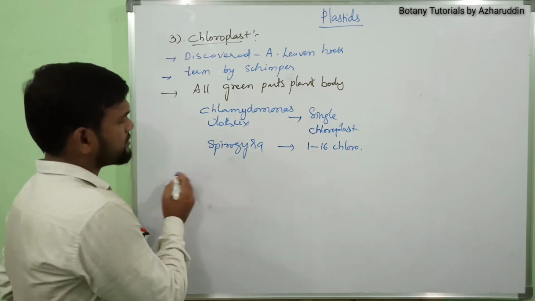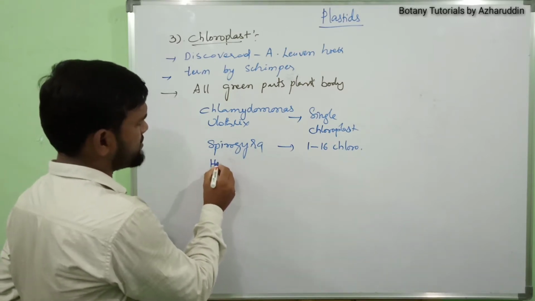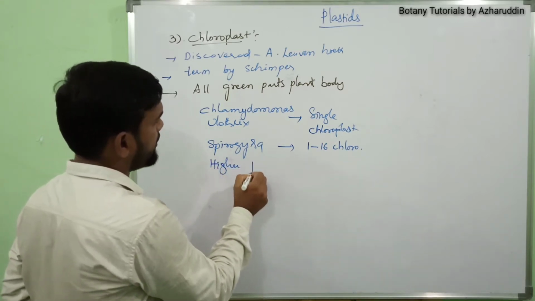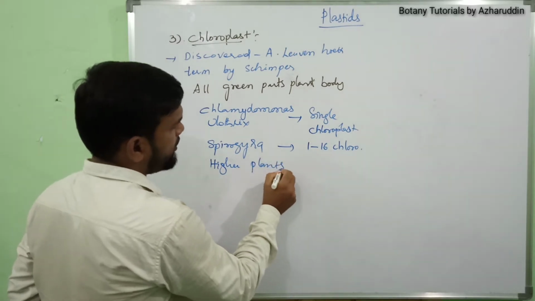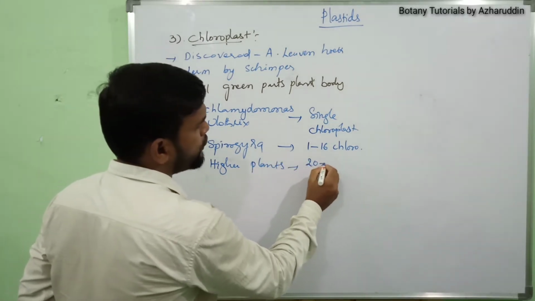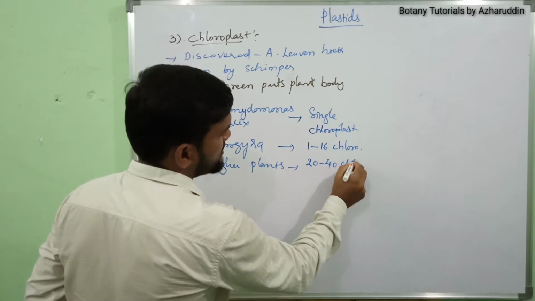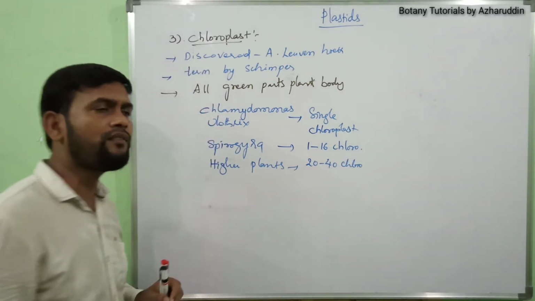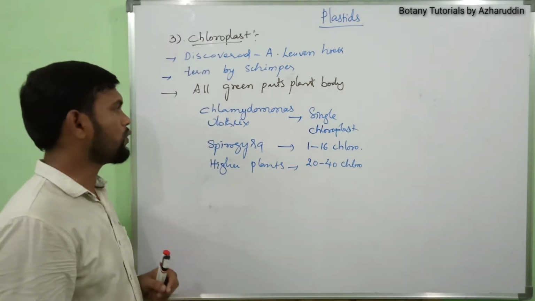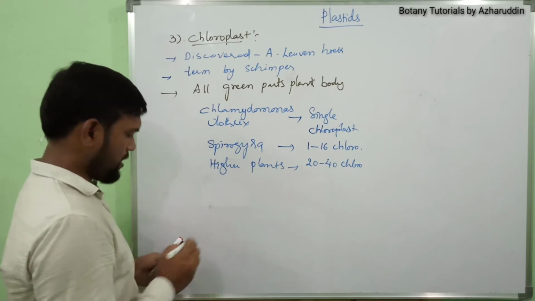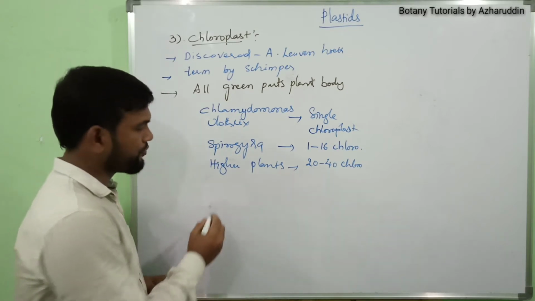Next, in higher plants, each cell has 20 to 40 chloroplasts. Next, coming to Chara.